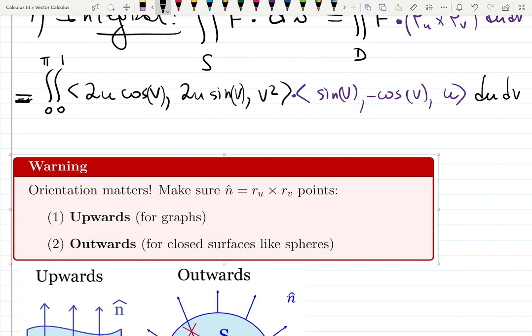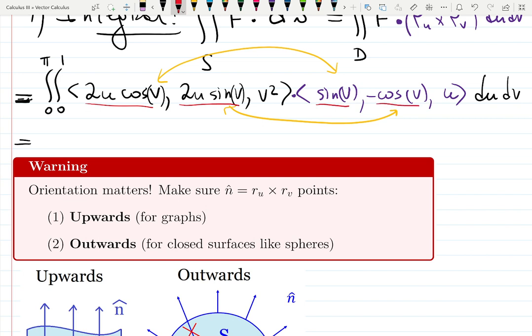So you multiply everything carefully. This is a dot product. Remember how to do a dot product? You go component by component, and then v squared times u, and it will simplify very nicely, which is a good thing. Dot product is a scalar product, so you add everything up together. And it simplifies really well, because 2u cosine v times sine v minus 2u sine v times cosine v cancels out.